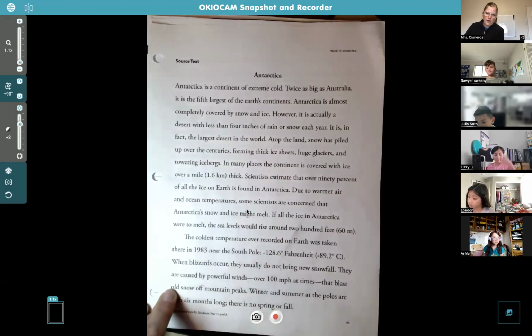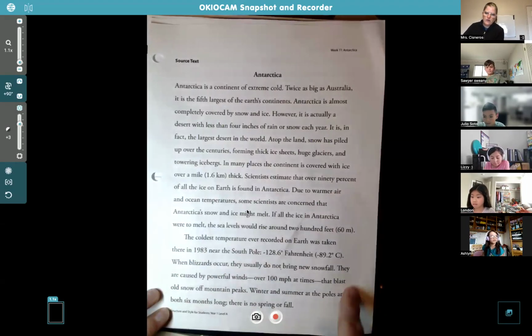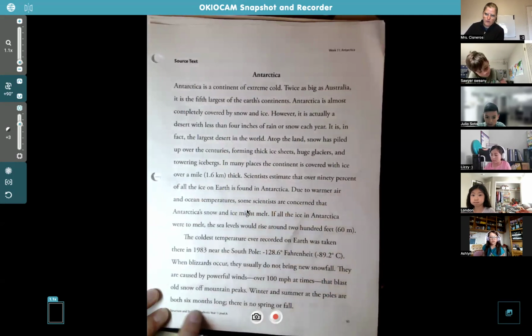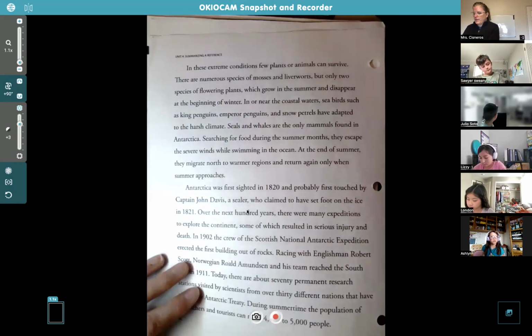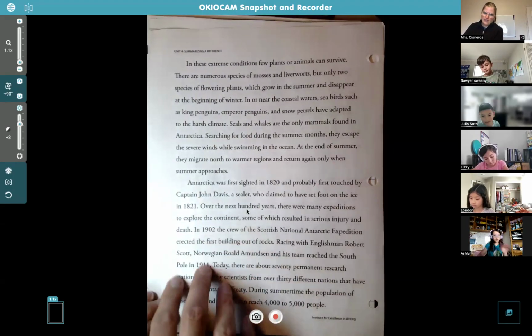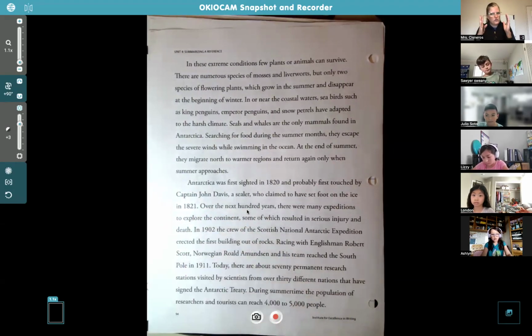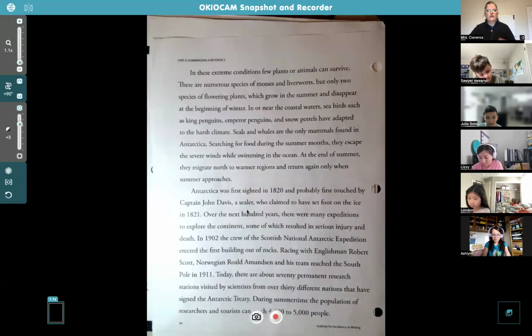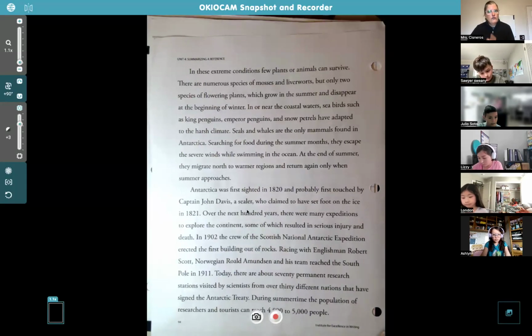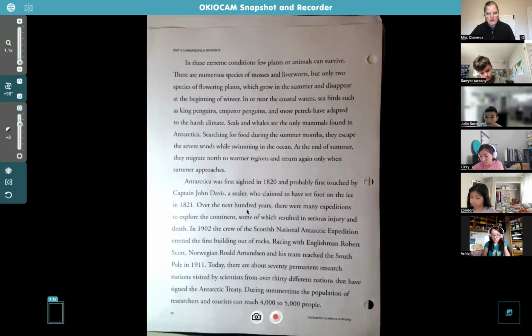If you're writing about the weather, you're only going to use that paragraph about weather to find your facts. If you're writing about people, that's back here on the back side. Whatever topic you picked, go to that paragraph. Does that make sense to you guys? And then you're going to look for facts about that topic.